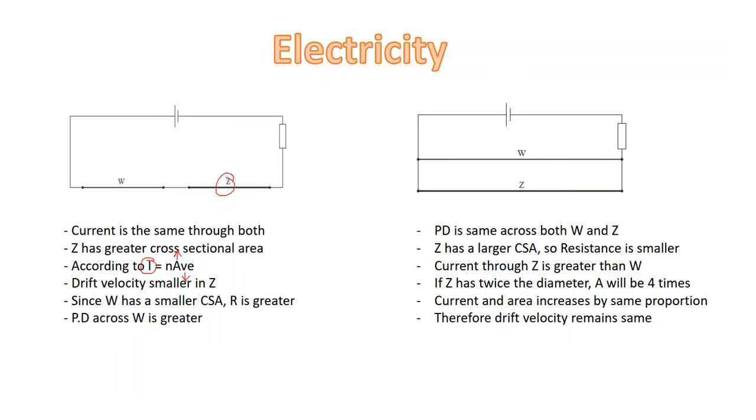And since W has a smaller cross-sectional area, its resistance is greater, and this is from resistance equals rho L by A. So resistance and cross-sectional area are inversely proportional.